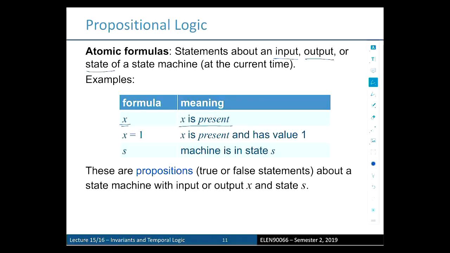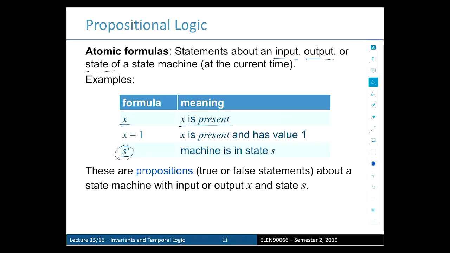Pure signals, which are either present or absent. The other one is x equals 1, for an input or output that takes values. Or S can be just a state: are we in state S? So these are the atomic formulas that we deal with.